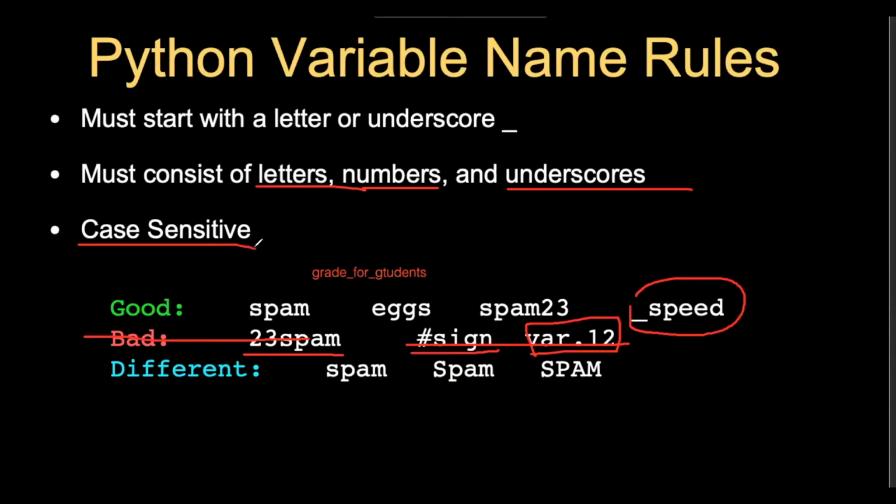It's case sensitive. So if you spell something with a capital S, and you end up using a lowercase s, that is considered two different variables. So just make sure you're aware of the casing as well as the combination of letters and characters. Any questions about this?